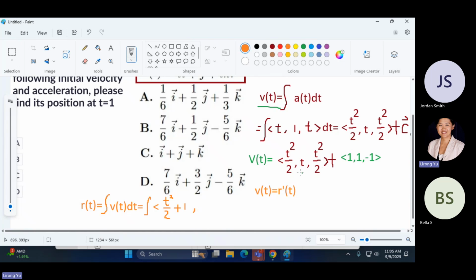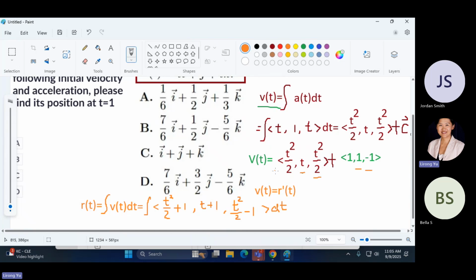The second component is t plus 1. The last component is t squared over 2 minus 1. And we're going to integrate this for the position function.